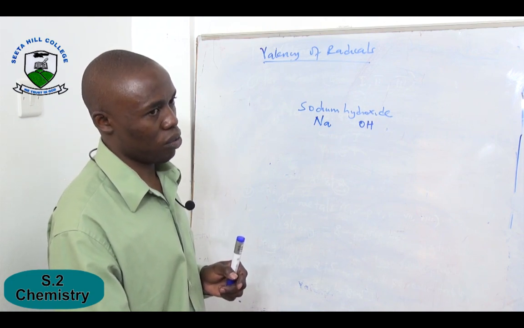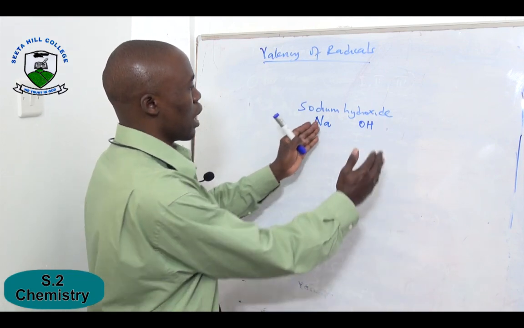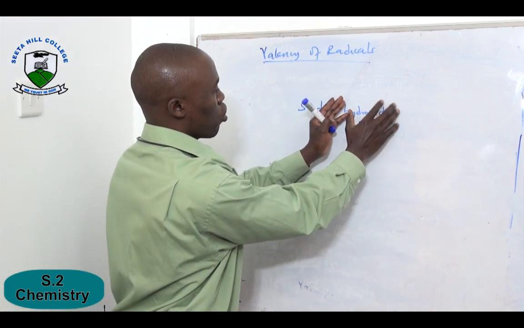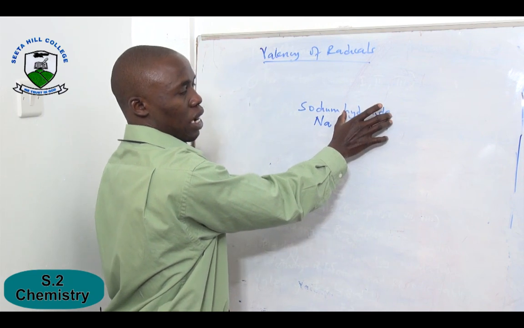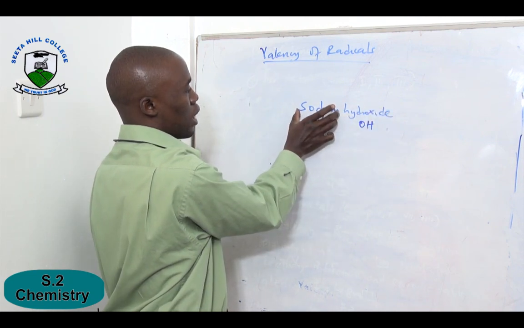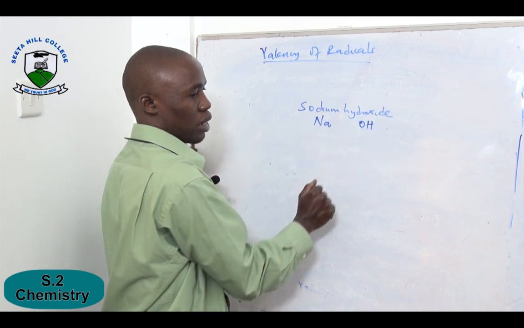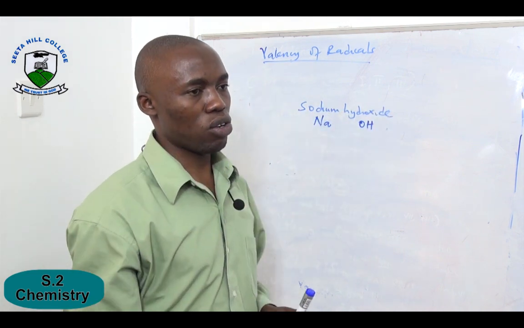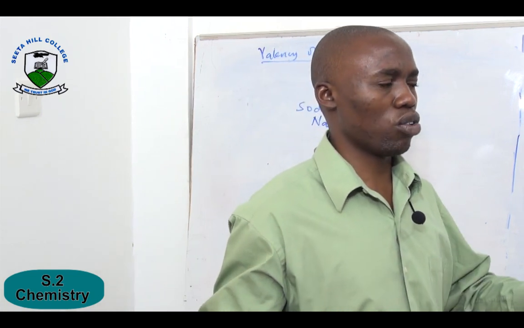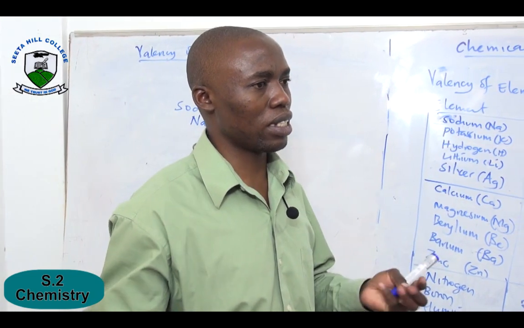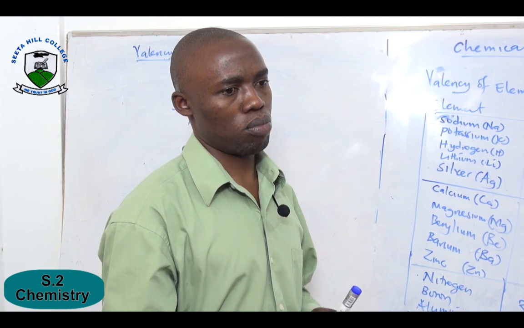But we can have chlorine. Now these other groups of atoms that can be attached to any element are what we are calling radicals. A radical is a group of atoms which cannot exist on their own but must exist in compound form.